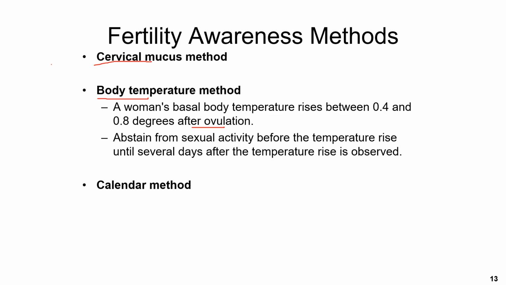Okay, so whether it's planning a pregnancy or avoiding a pregnancy, this is another natural method to use. Okay, and then we have the calendar method. Again, this is a contraceptive method, natural but not always successful, or it's also a way to plan.